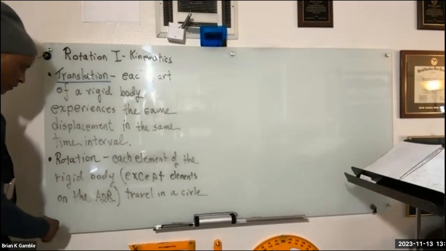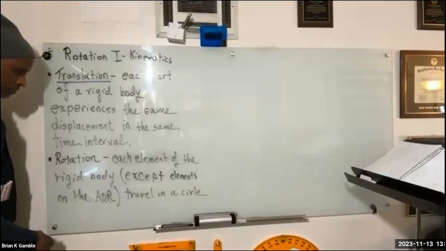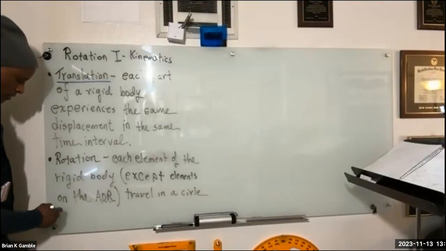The axis of rotation is the line through the center of all circles mapped out by all elements. So that's another thing.